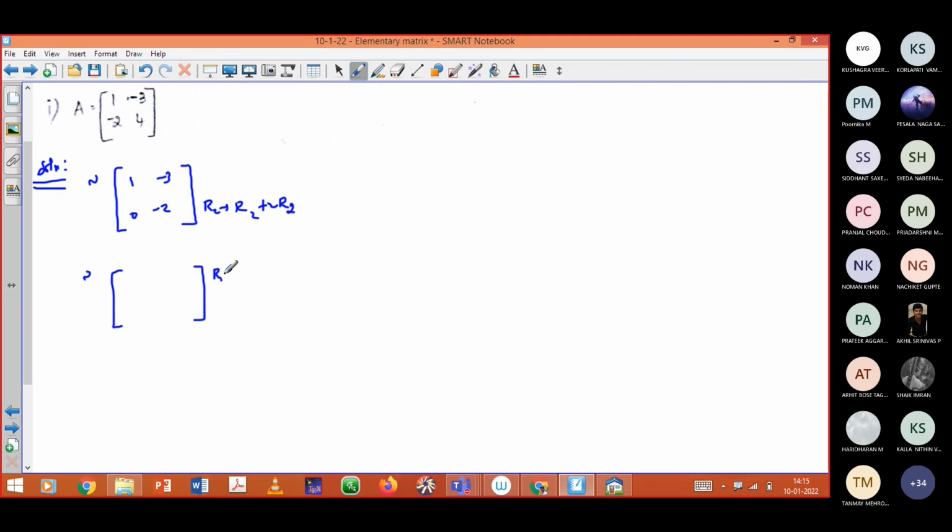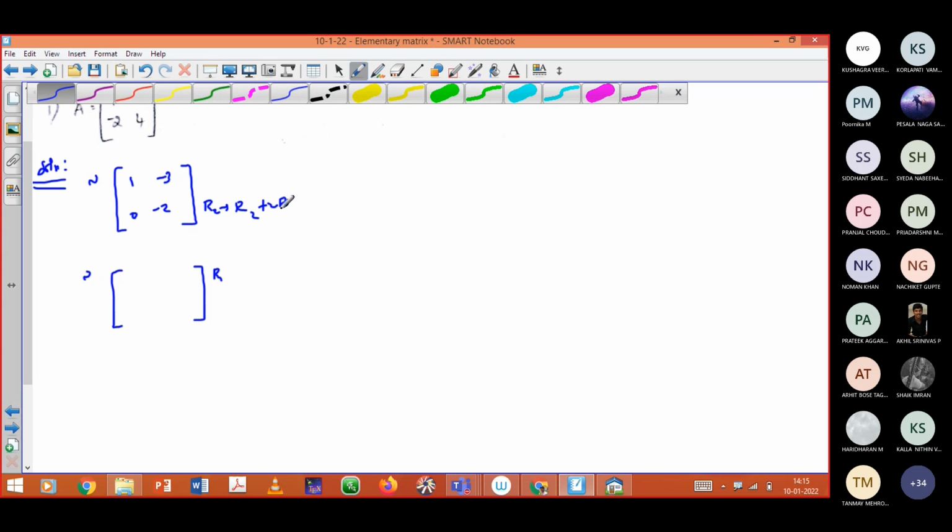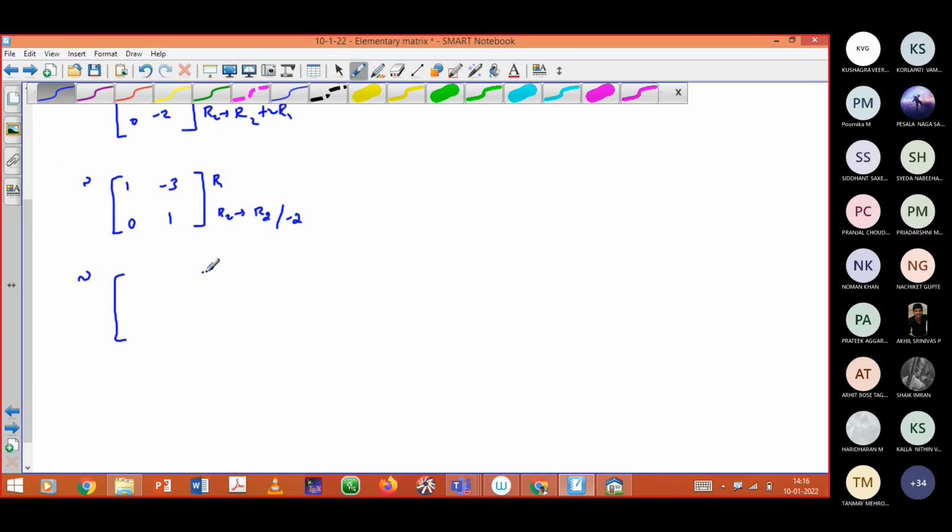Very good. Now it will be R2 divided by minus 2, so R2 gives R2 divided by minus 2. So 1 minus 3, 0, 1. Only one more. Any guess? R1 is equal to R1 plus 3R2. Very good, super. So here 1, 0, 0, 1.